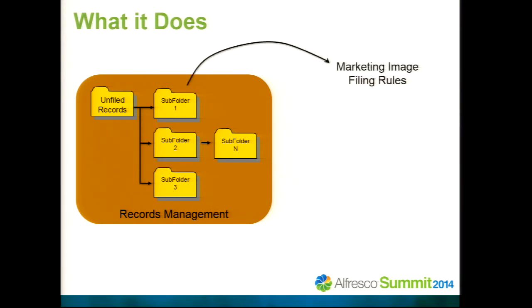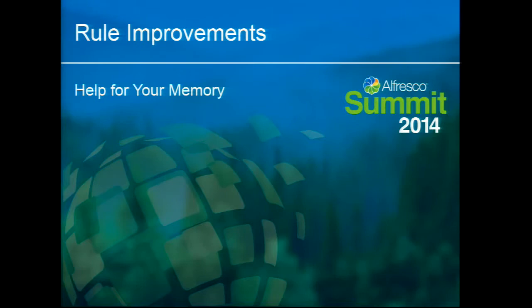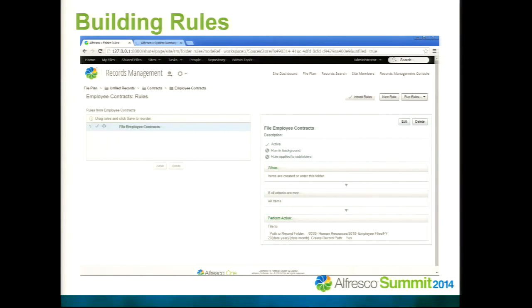So this goes over what I just said, which is that the different folders can have different filing rules. And speaking of rules, we've put some improvements into how the rules are built.